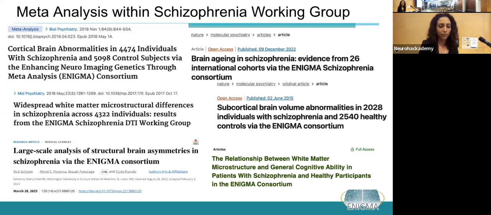A lot of the work in the disorder-based working groups has also been with meta-analysis, and there's a lot you can do with it. We've looked at cortical abnormalities, white matter microstructure differences, and subcortical differences between cases and controls, and also at, let's say, white matter and cognitive ability.